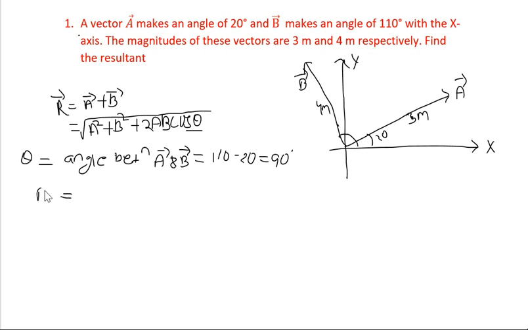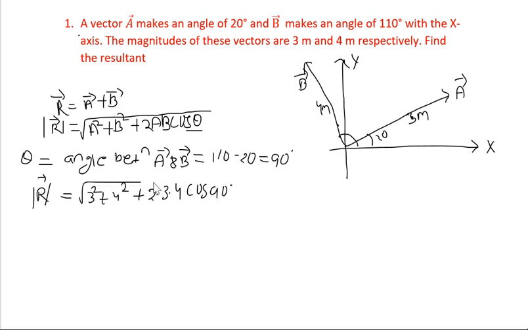If we put the values, the resultant vector magnitude is, in place of A we put 3, so root over 3 square plus 4 square plus 2 into 3 into 4 into cos 90.